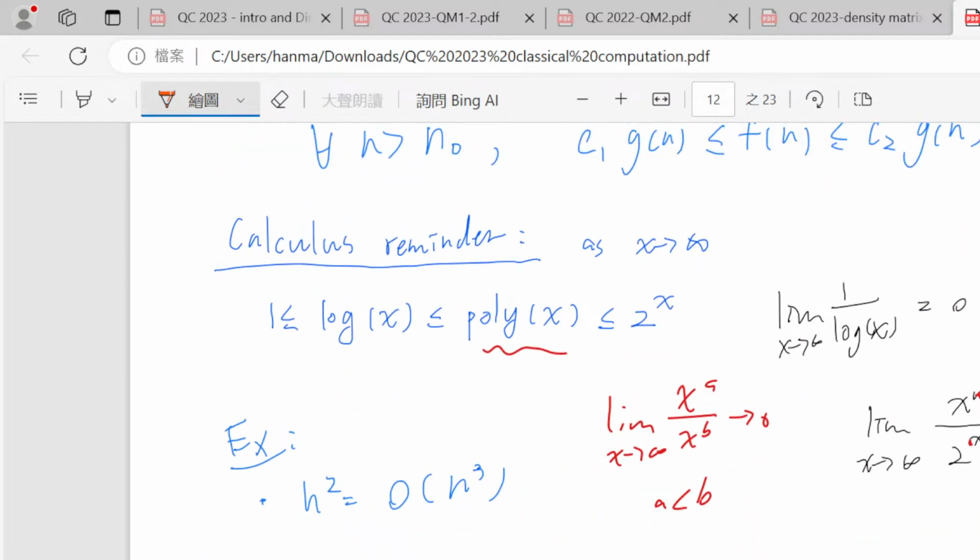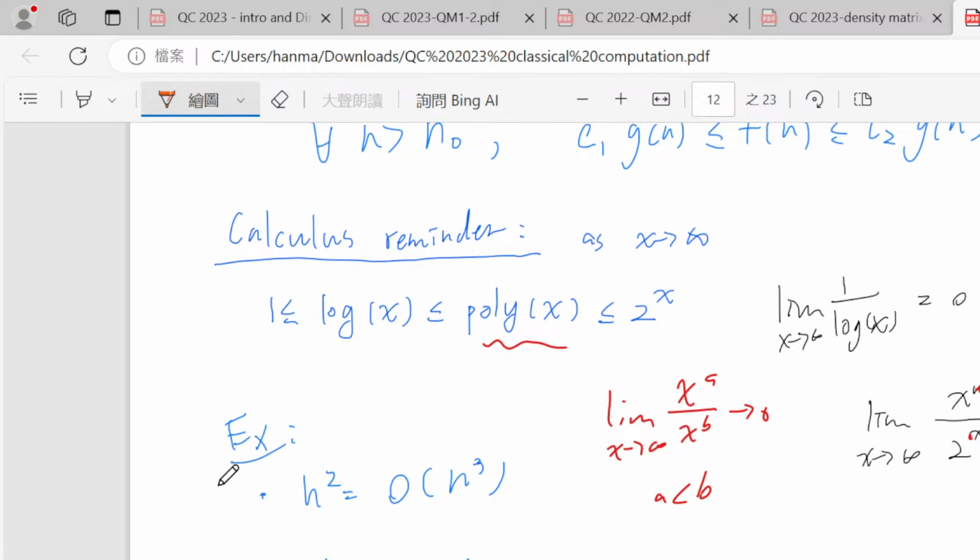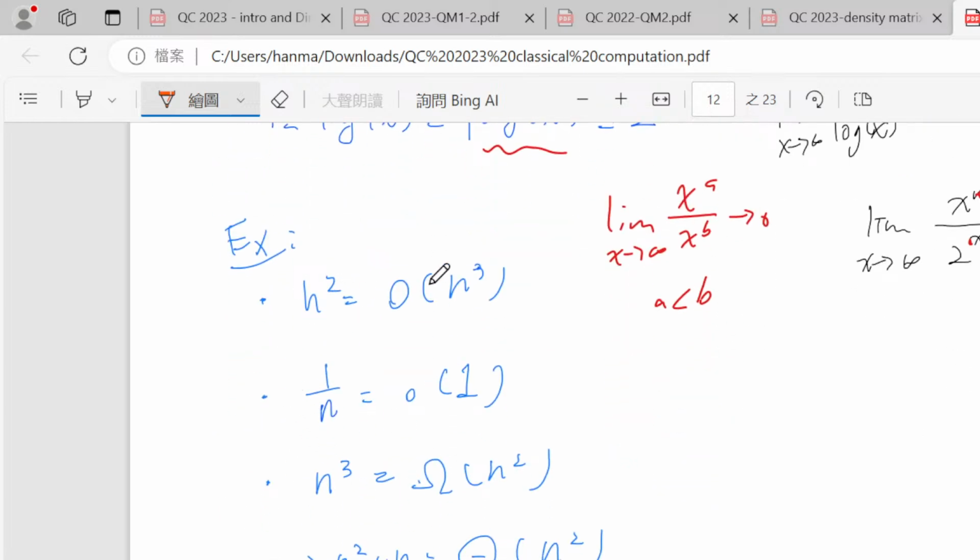That's the limit stuff that hopefully you remember from calculus, and from those you can see a lot of things. Like n squared is big O of n cubed because 2 is less than 3. And as we said, 1 over n as n goes to infinity is approaching 0, so it's big O of 1; it's less than any constant.